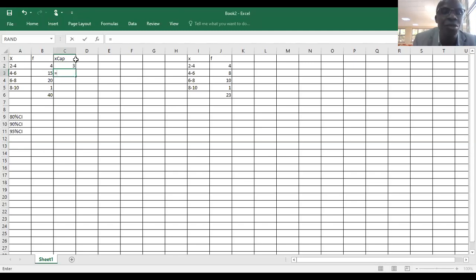Then add the 2 all through, and you'll get the other midpoints. Then I get F times X cap, which is this frequency times this frequency here, and then we copy this everywhere. And then we sum.